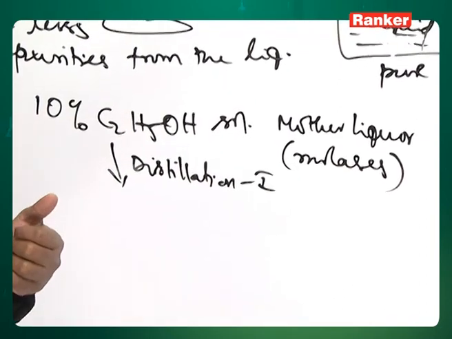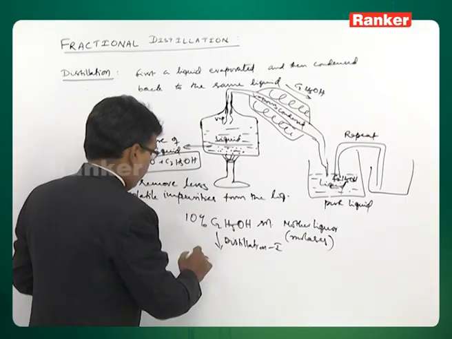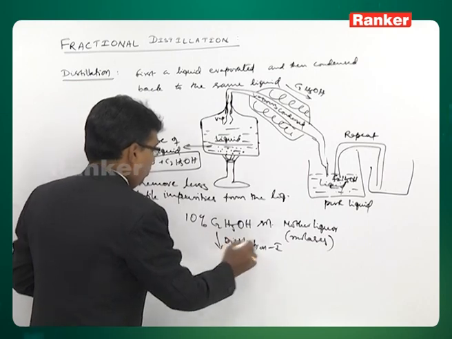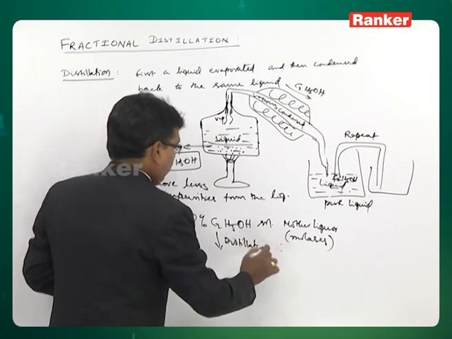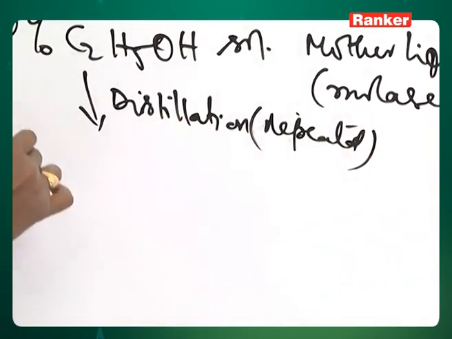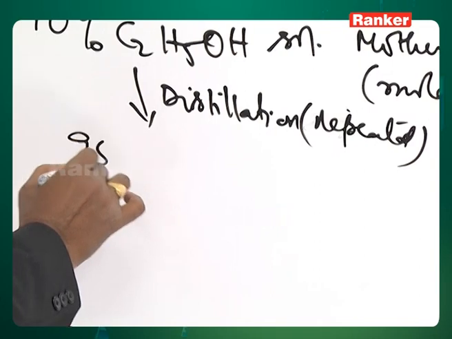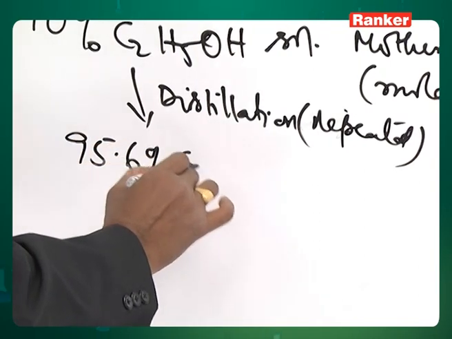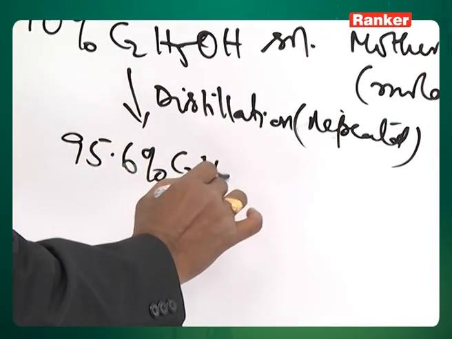When this is carried out n number of times, with repeated distillation, finally you will arrive at 95.6% ethyl alcohol.